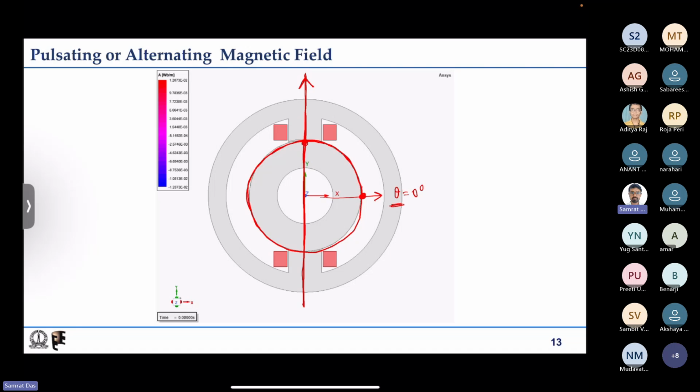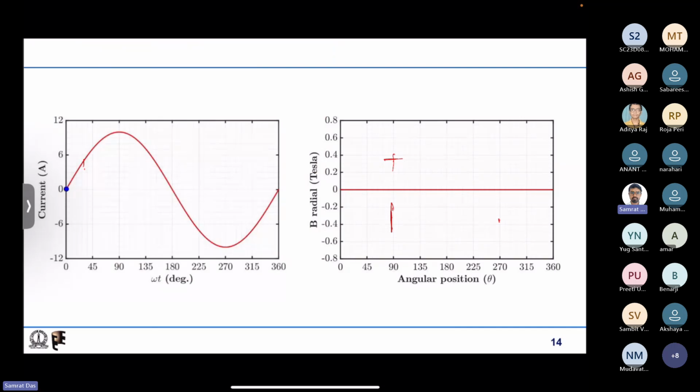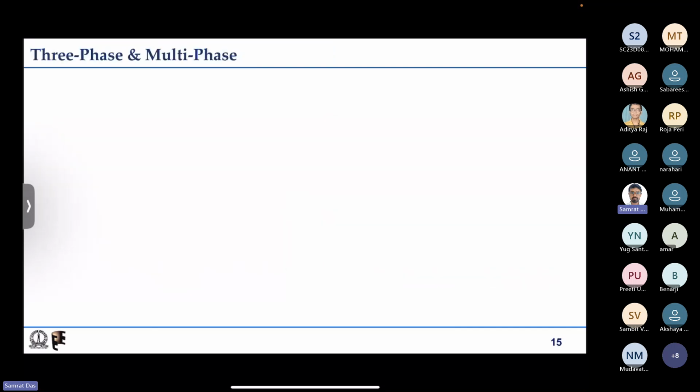So if we have three windings or basically three phases, then what type of structure would naturally come to us? If we have three phases, that means three magnetic axes, what can we do?